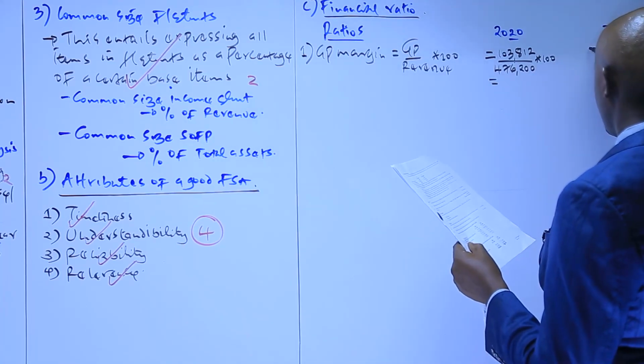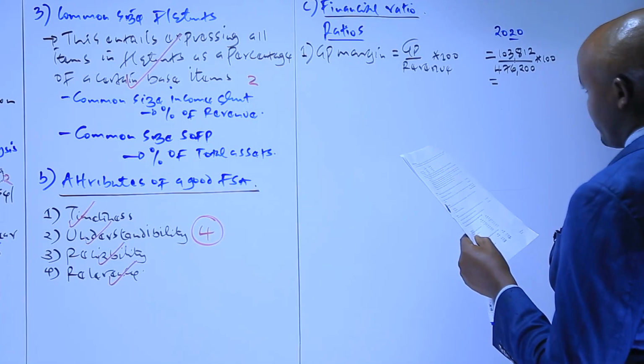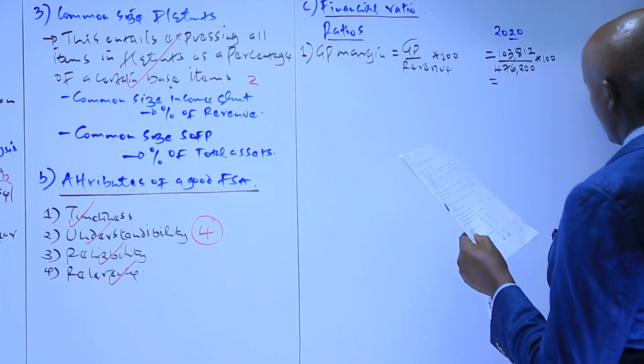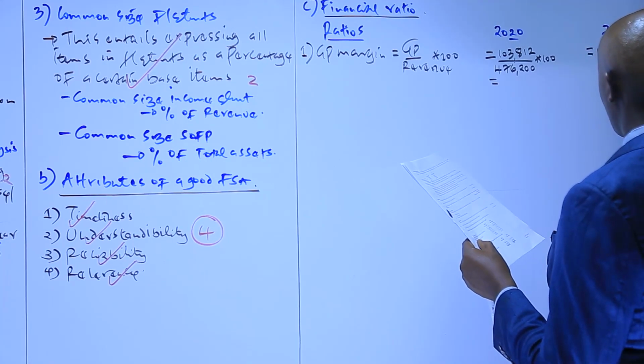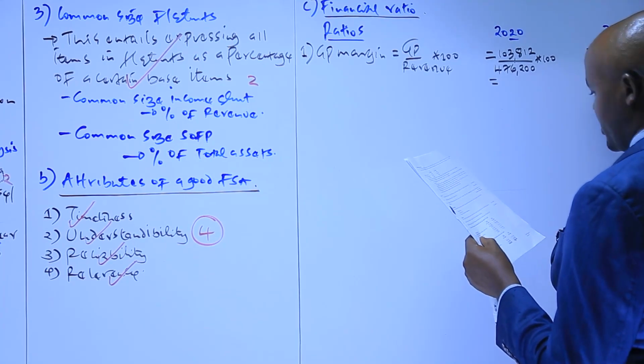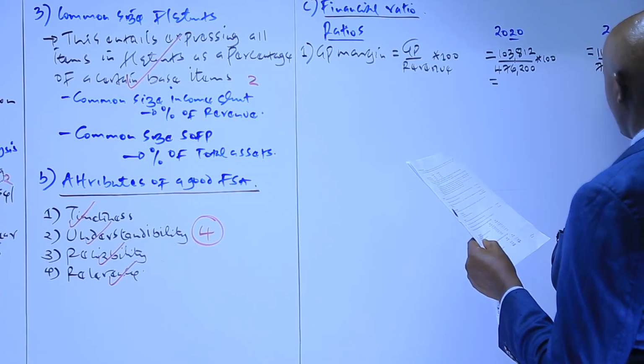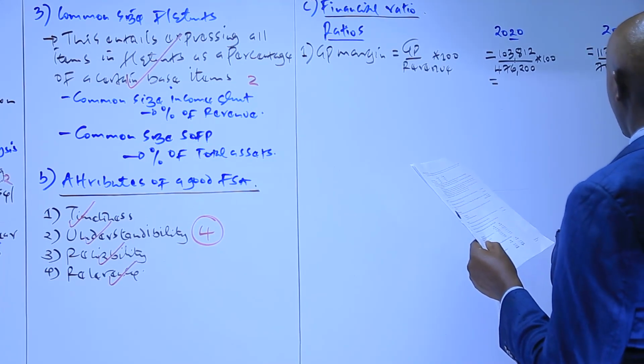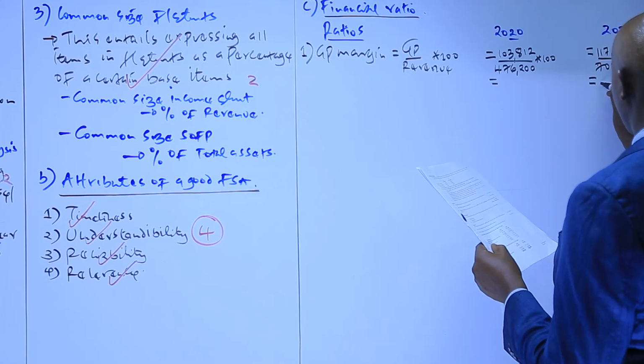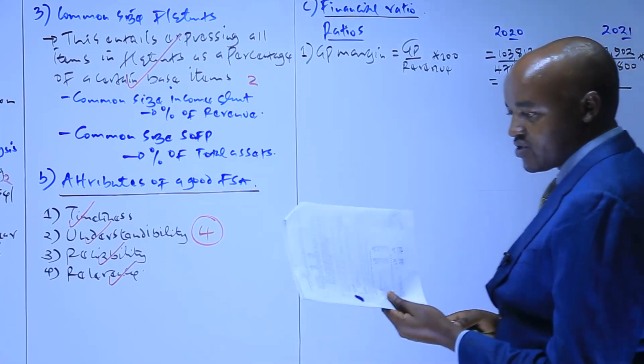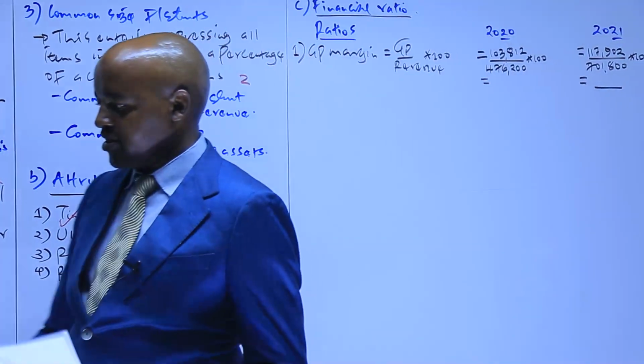And then for the other year, we have the gross profit, which is 117,902, divided by the revenue, which is 701,800, and we definitely have to multiply that with what? With 100.